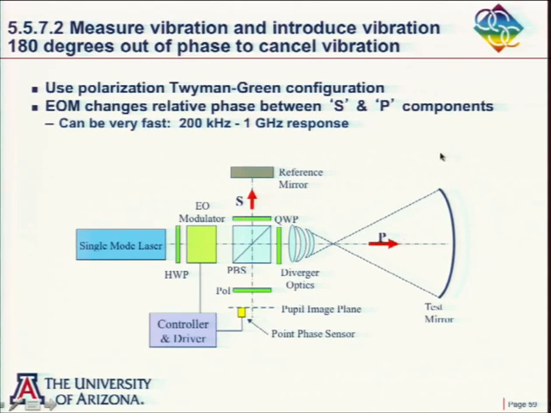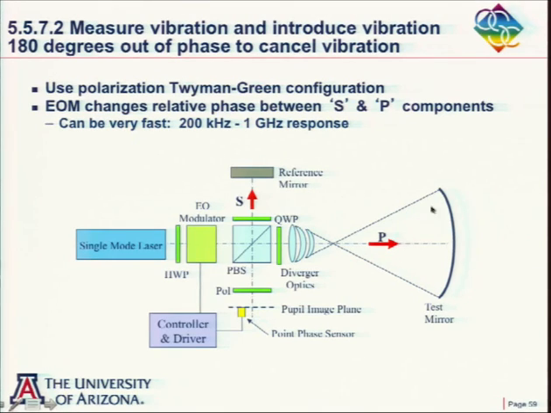Now, the only vibration I'm getting rid of is sort of a piston here. If this mirror is tipping and tilting, I'm not correcting for that. I could have done that, but the main problem we were having was just this thing is moving back and forth. And so that's the error we're correcting for, the piston.